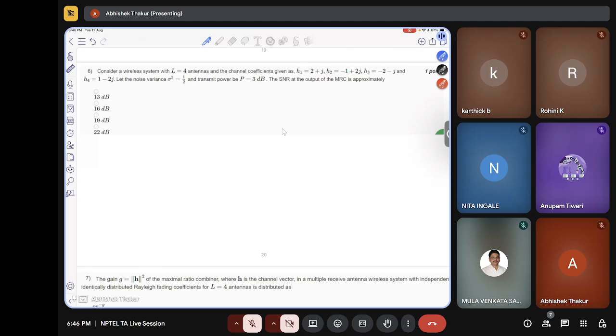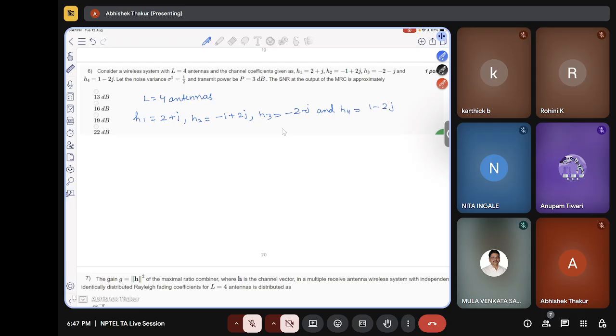So okay, moving on to the next question. Consider a wireless system with L equal to 4 antennas and channel coefficients H1 is 2 plus j, H2 is minus 1 plus 2j, H3 is minus 2 minus j, and H4 is 1 minus 2j.